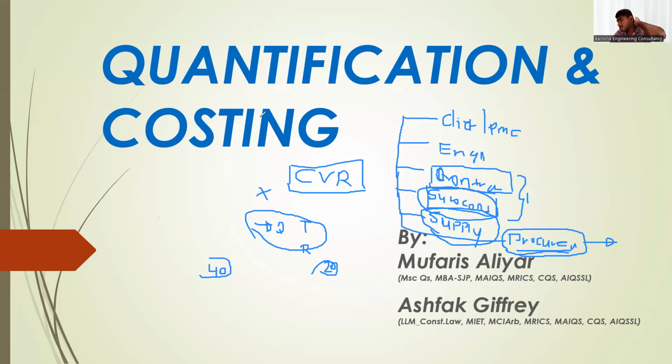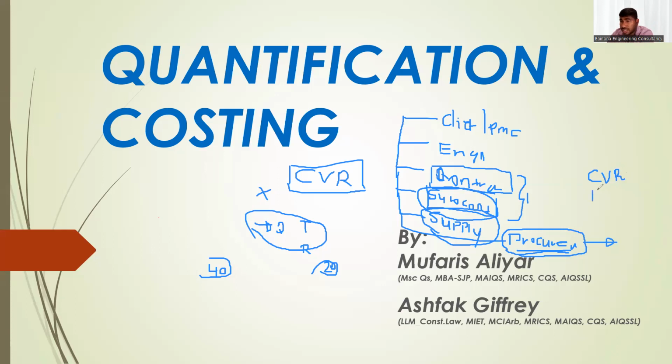If you are a contractor's QS and you work in a multinational company or a company from Europe or somehow moderated companies, they deal with this because they deal with so many tools for the cost controlling process. One is cost value reconciliation.